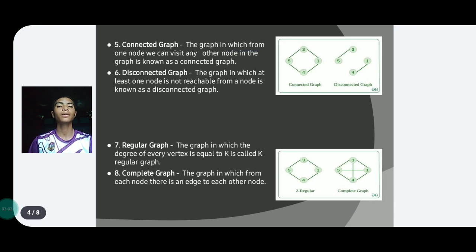Number 5, connected graph. The graph in which from one node we can visit any other node in the graph is known as a connected graph. Number 6, disconnected graph. The graph in which at least one node is not reachable from a node is known as a disconnected graph.